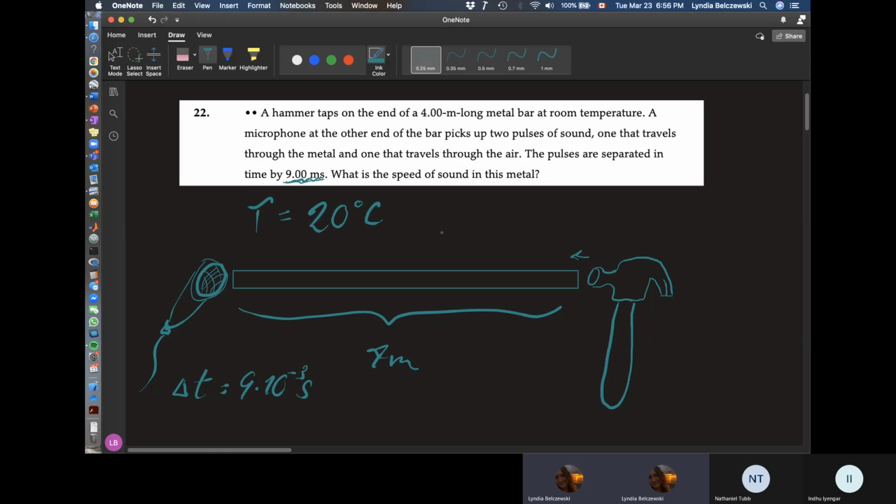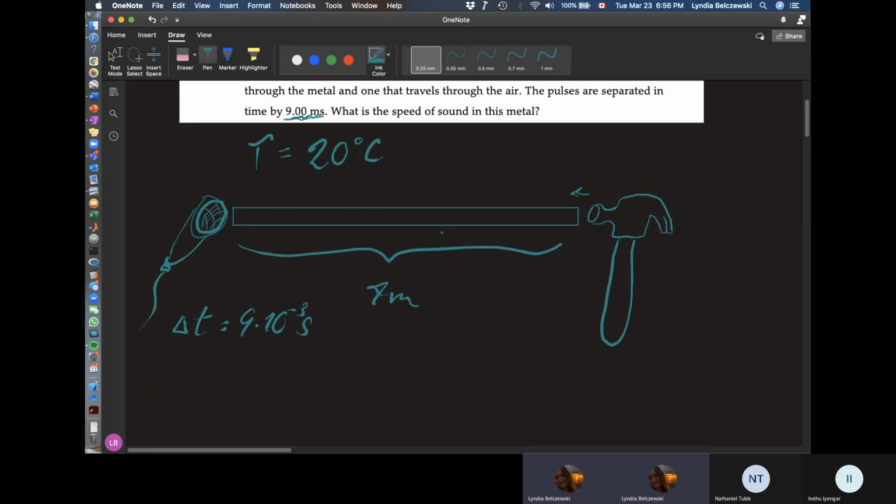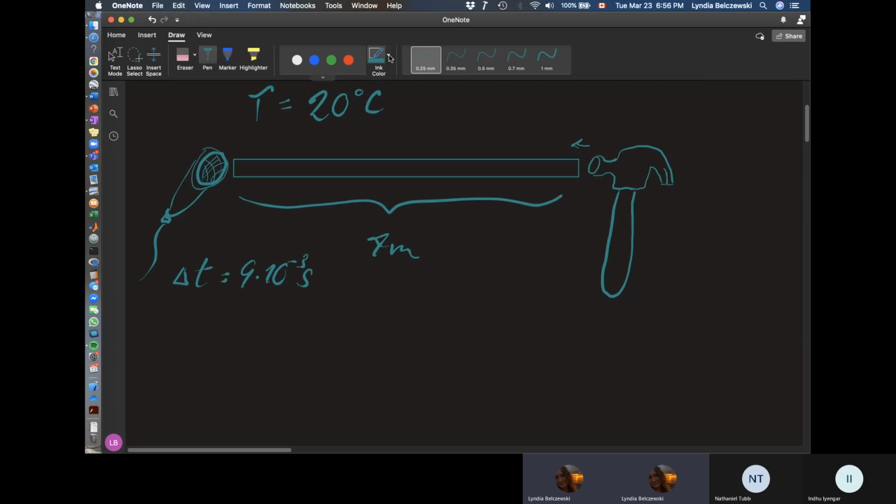So instead of using a formula, it says in the textbook, and if you're the type of person who likes to write formula sheets before your test, this might be a helpful thing to add, that at 20 degrees Celsius, the speed of sound in air is equal to 343 meters per second.